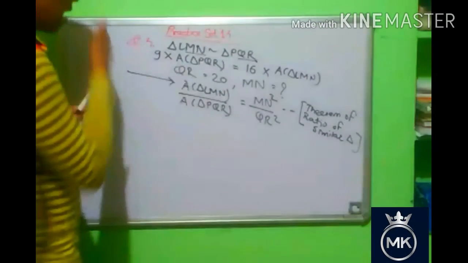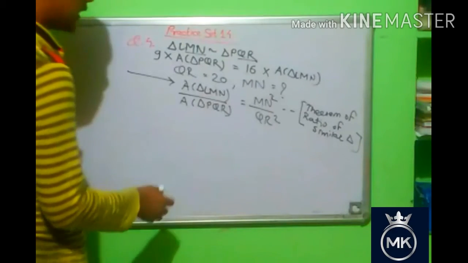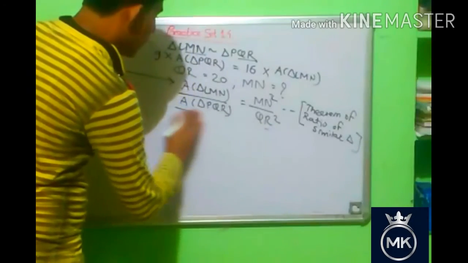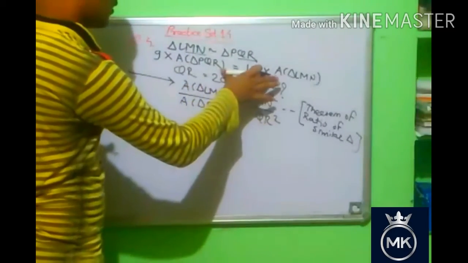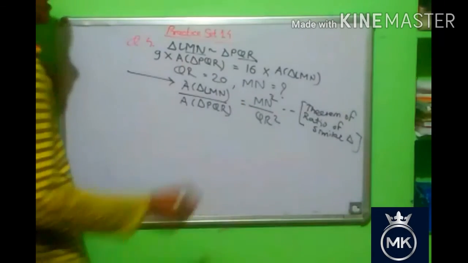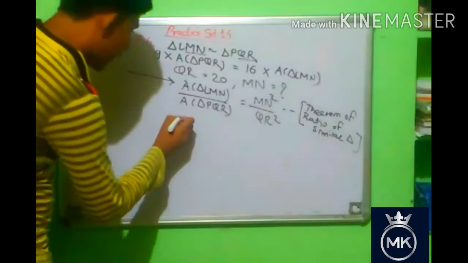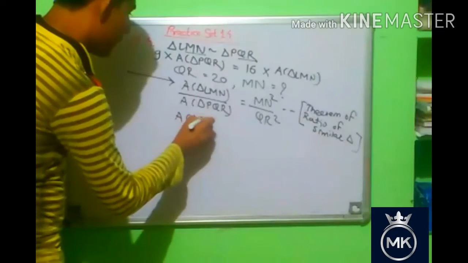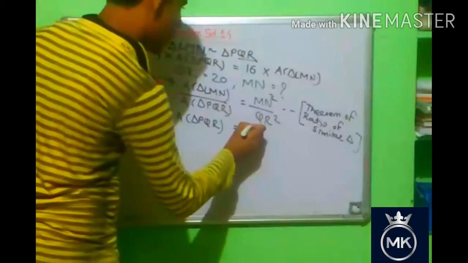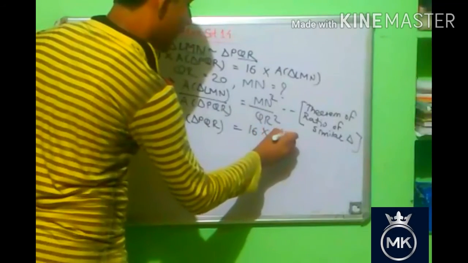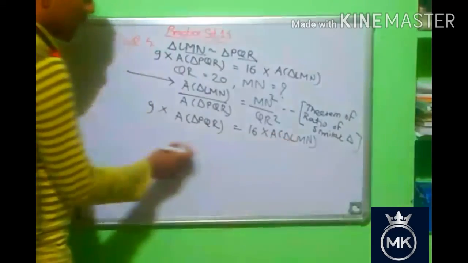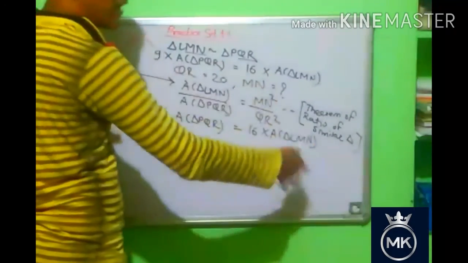So friends, we put the values in it. Firstly, we are given 9 into area of triangle PQR is equal to 16 into area of triangle LMN. So we convert this multiply to divide, and this multiply to divide on the other side.